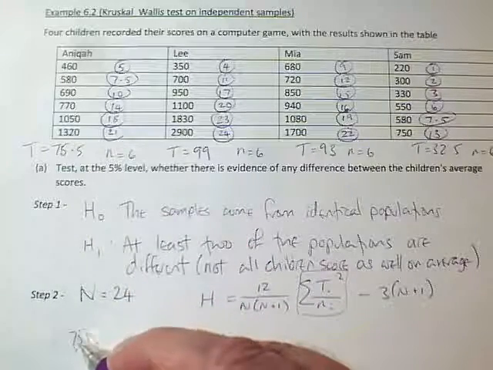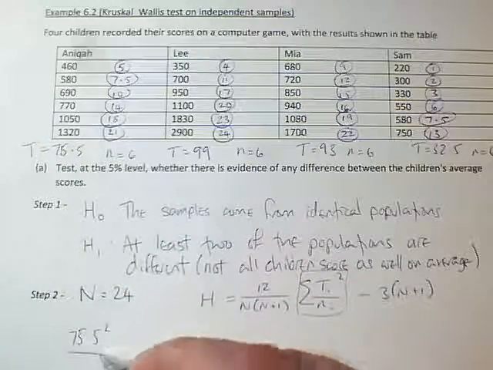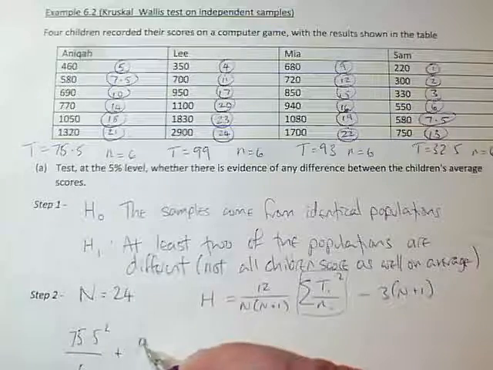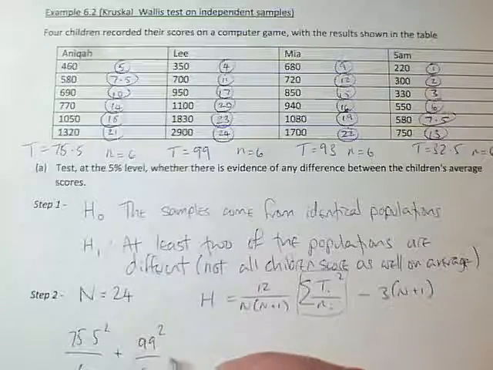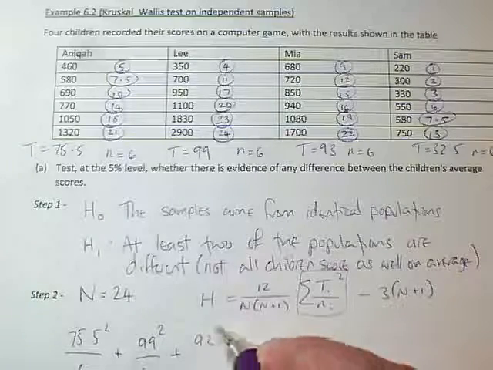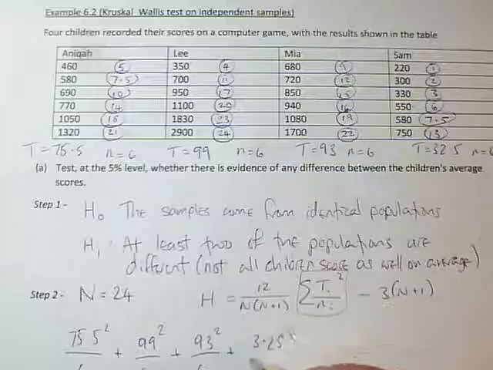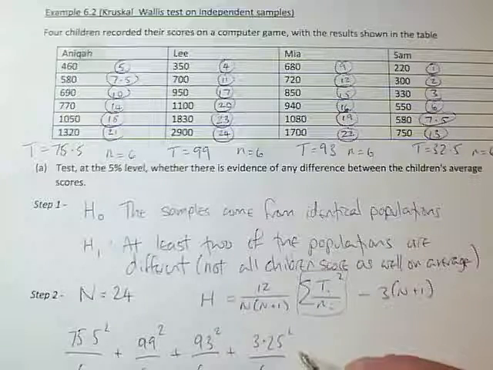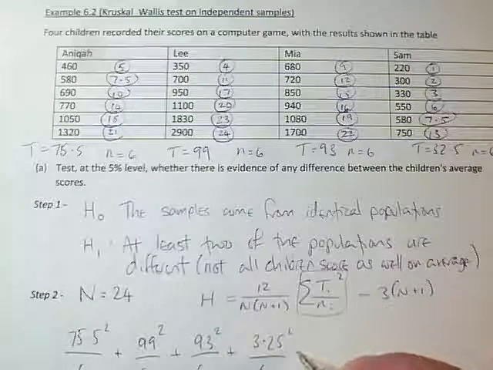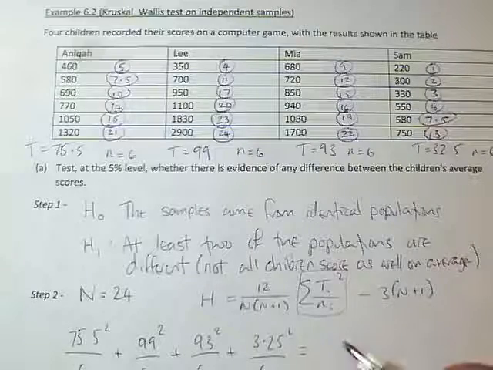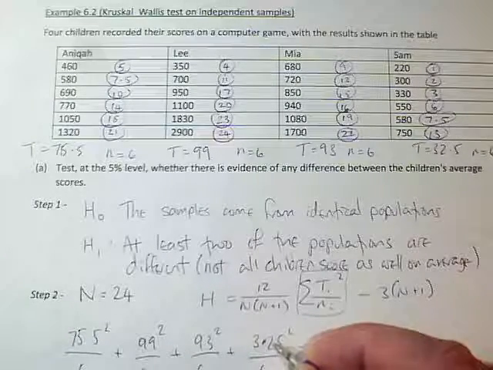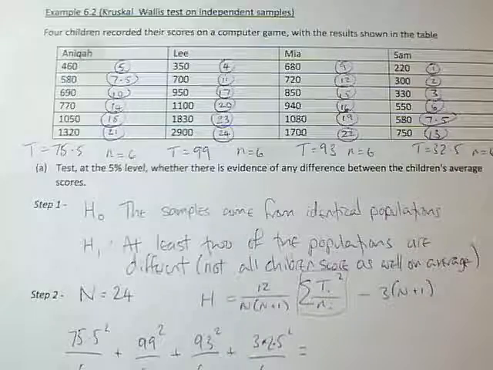So I'm going to get 75.5 squared over 6 plus 99 squared over 6 plus 93 squared over 6 plus 32.5 squared over 6. So all the n's are 6 this time, they don't have to be. I better put this right first: this is 32.5, not 3.25.